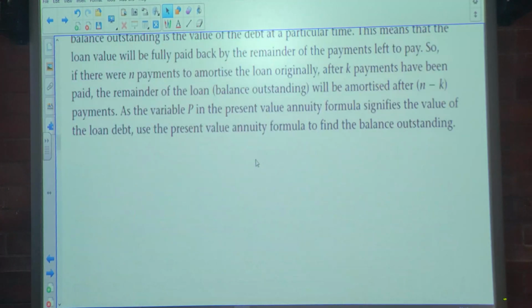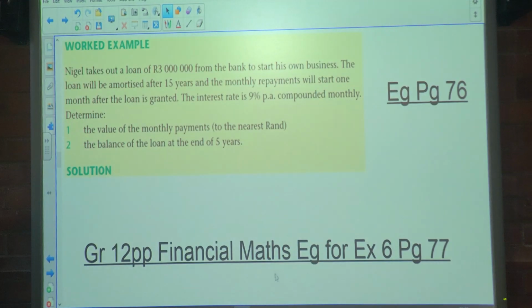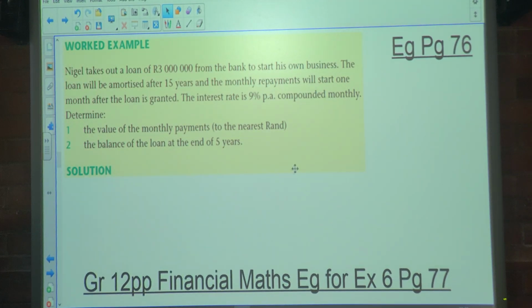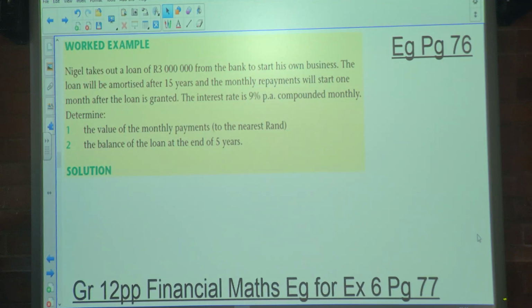So let's look at the example. The example is on page 76, and it is for exercise 6, which is on page 77. Nigel takes out a loan of 3 million rand from the bank to start his own business.